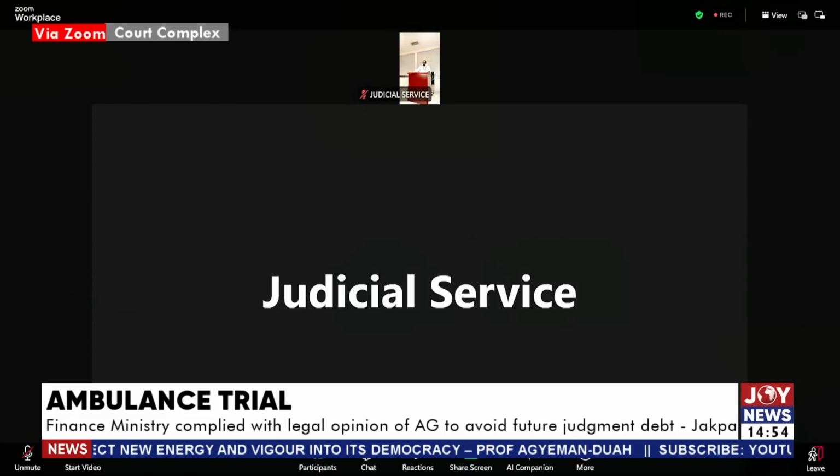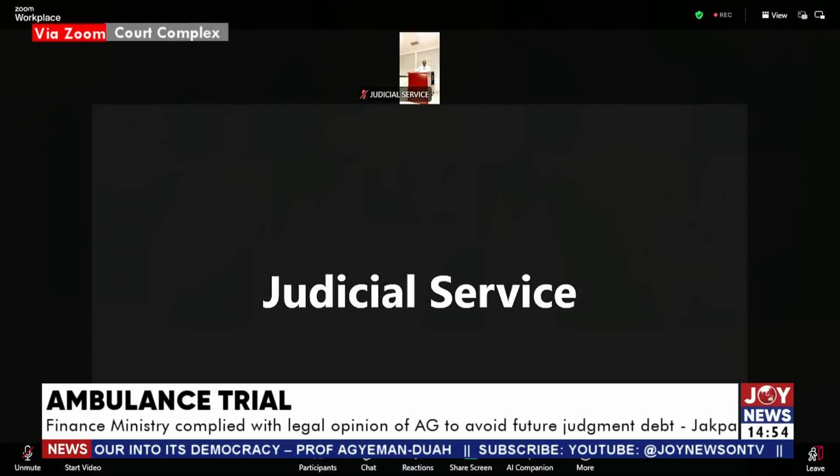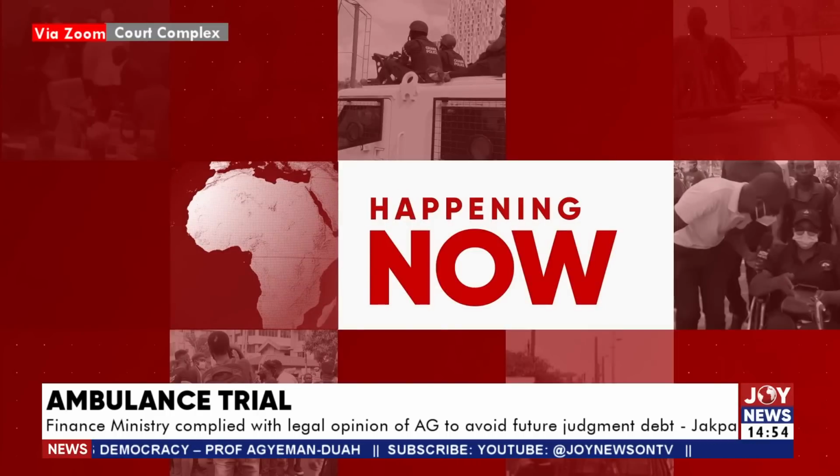It is patently clear from the foregoing that there was no clause in the agreement requiring the signature of the Minister for Finance as a precondition for the effectiveness of the agreement. That is one.